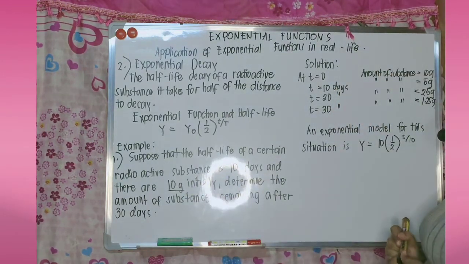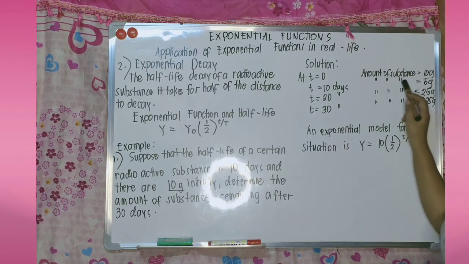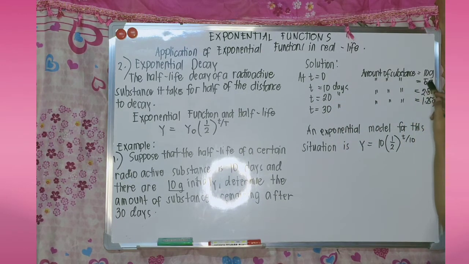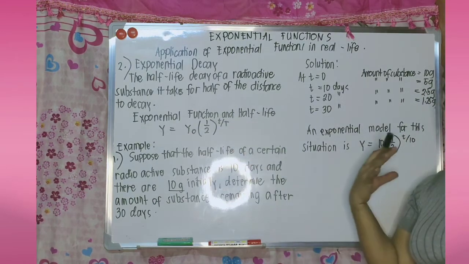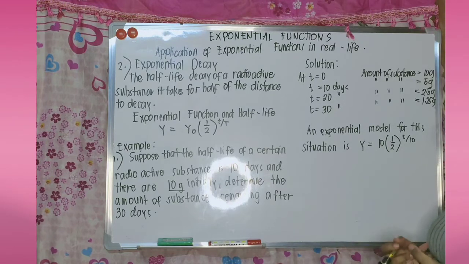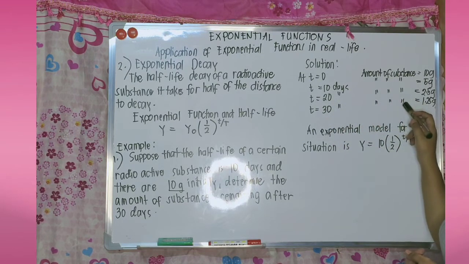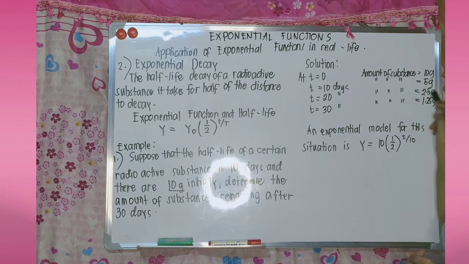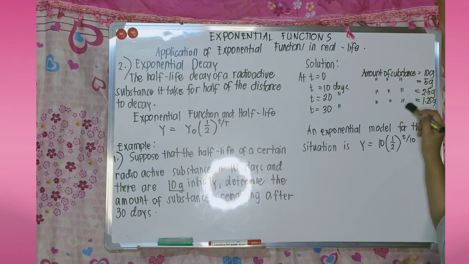So, at t equals 10 days, the amount of substance will be 5 grams. Bakit po siya 5 grams? Kasi half na lang. Okay po? So, may divide siya by 2. Okay? So, at t equals 20 days, the amount of substance will be 2.5 grams. Then, at t equals 30 days, the amount of substance will be 1.25 grams.